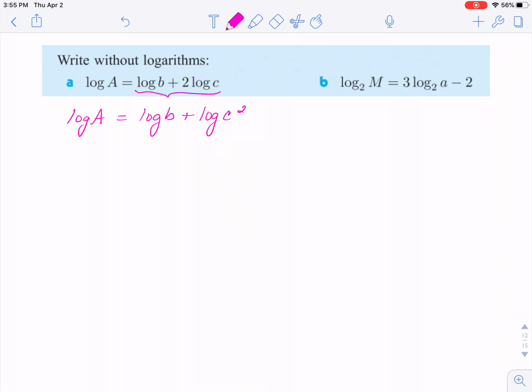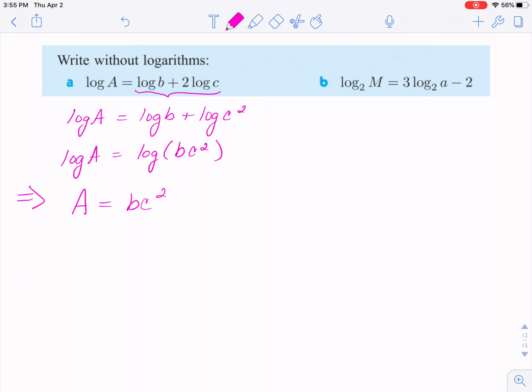Again, the coefficient becomes the exponent. Now it's a sum, and sums can be changed into the product. So the log of bc squared, which now has basically an equation sign. Basically, the log of a equals log of bc squared, which implies that a has to equal bc squared.